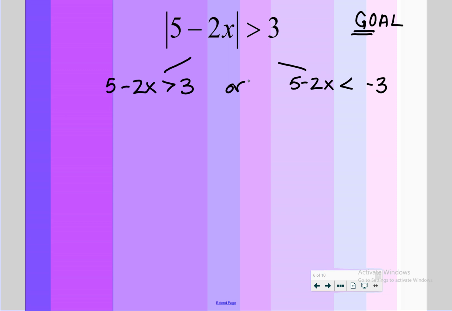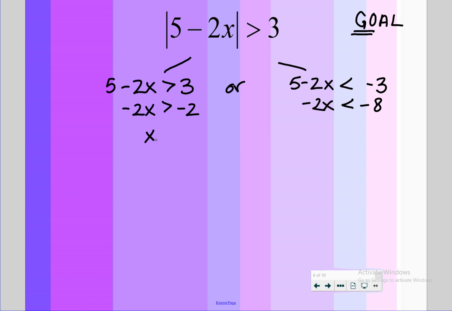All right, what's my first step to solve both of these mini equations now? Subtract 5, so negative 2x is greater than negative 2 on this one, and negative 2x is less than negative 8 on that one. Next step. Yep, and if I divide by a negative, what's going to happen?